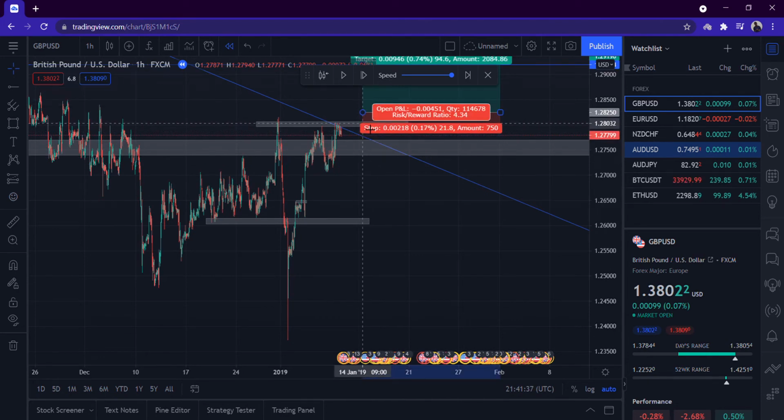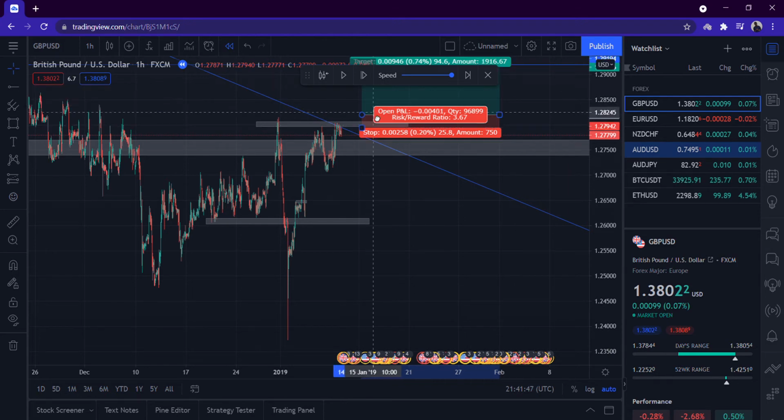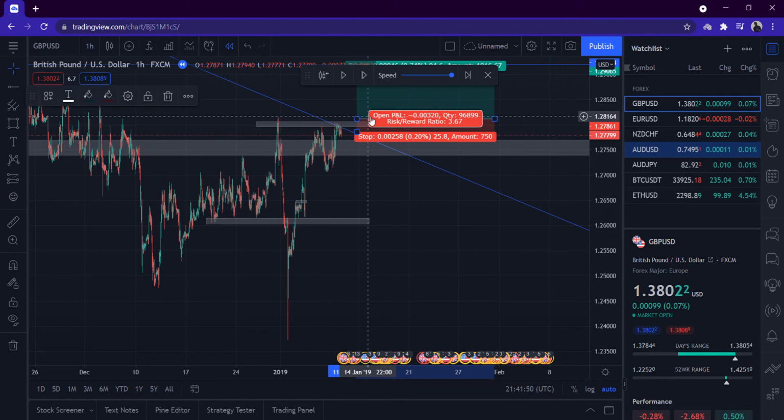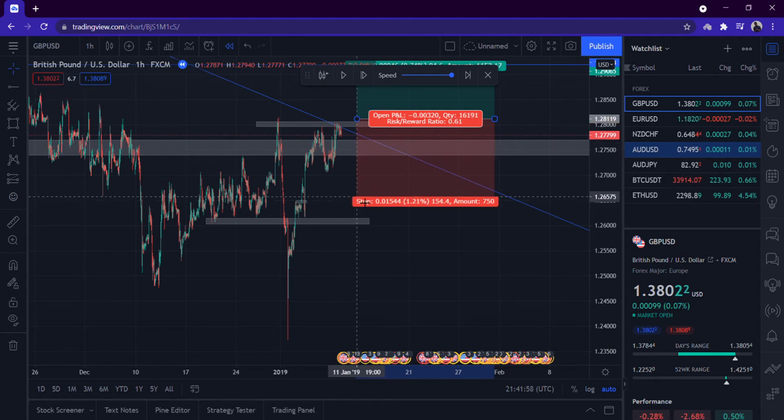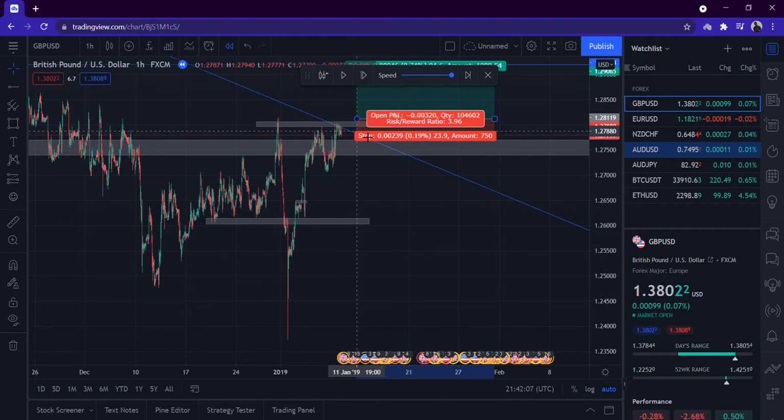In case I don't see a good kind of entry I can use, or a trade where I cannot place my proper stop loss, I do not take the trade because it's not worth it to the way I trade. There are traders that can use a stop loss of, let me say, 70 pips, 50 pips, 154 pips. I don't do that. I use 25 pips as my maximum stop loss.